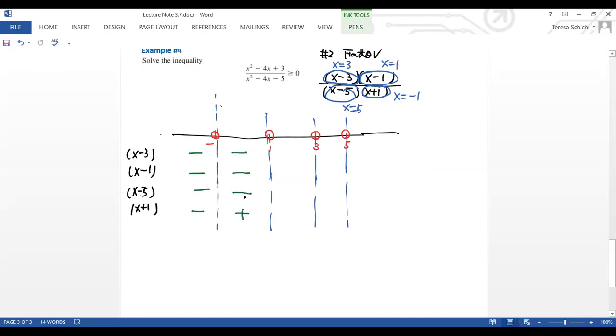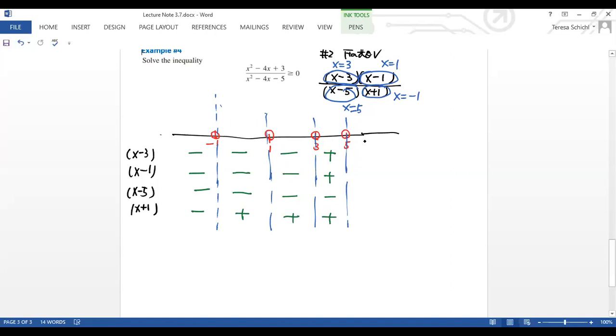0 plus 1, positive. Okay, let's choose something between 1 and 3. Let's choose 2. 2 minus 3, negative. 2 minus 1, negative. 2 minus 5, negative. 2 plus 1, positive. Choose something between 3 and 5, say 4: 4 minus 3, positive; 4 minus 1, positive; 4 minus 5, negative; 4 plus 1, positive.